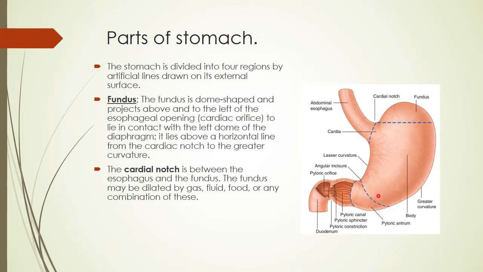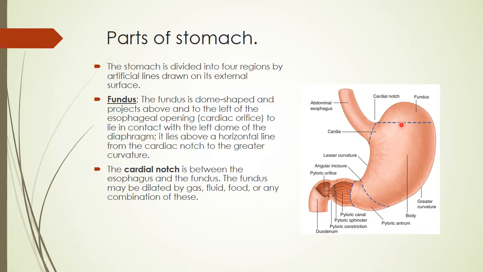The second line we will draw from this angular incisure, which is constant indentation present along lesser curvature, again towards greater curvature, right? And sometimes an inconstant groove is present which is called sulcus intermedius, which draws the third line. So with the help of these artificial lines, we divide the stomach into different parts.